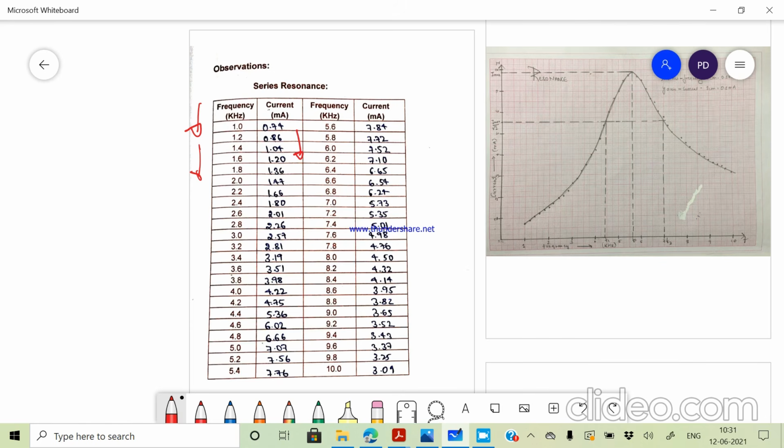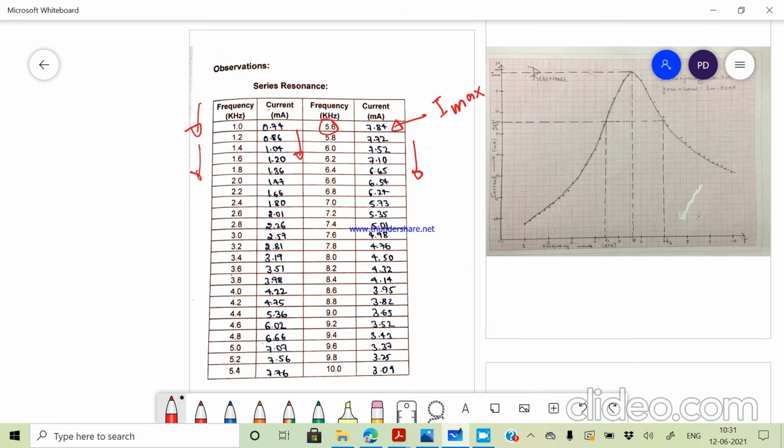For frequency 5.6 kilohertz, you can see the current reaches maximum. This is your I max. After that, the current will start decreasing. So what you have seen is, if you increase the frequency from lower values, the current through the LCR circuit increases.